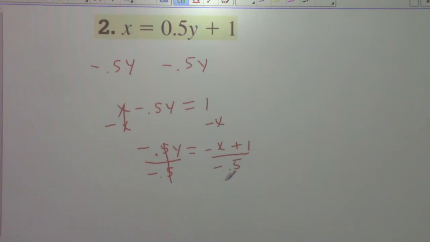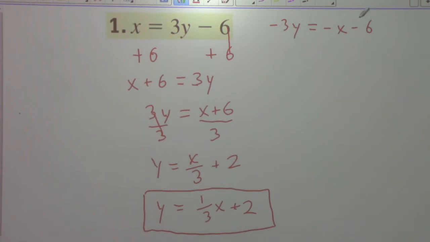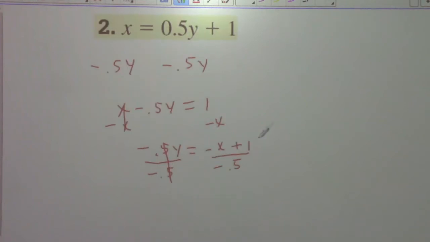Now really what happened is that Connor on this one, do you remember that Ben was taking us off in this direction? Can you see that's what Connor's doing essentially? Okay, so now we're kind of doing the way Ben did. So we have y equals negative x divided by negative 0.5 plus 1 divided by negative 0.5.